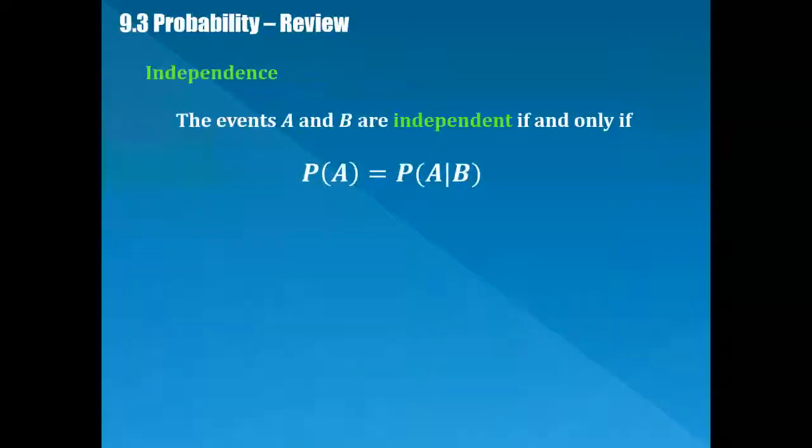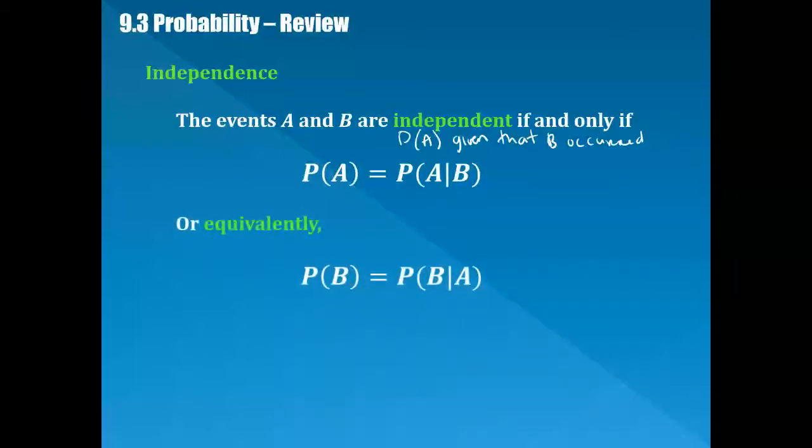So independence means that one does not impact the other. So events A and B are independent if and only if the probability of A is the same as the probability of A given B. The probability of some event happening given that some other event has already happened.